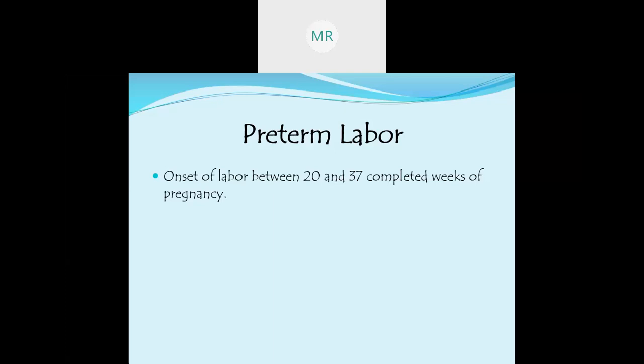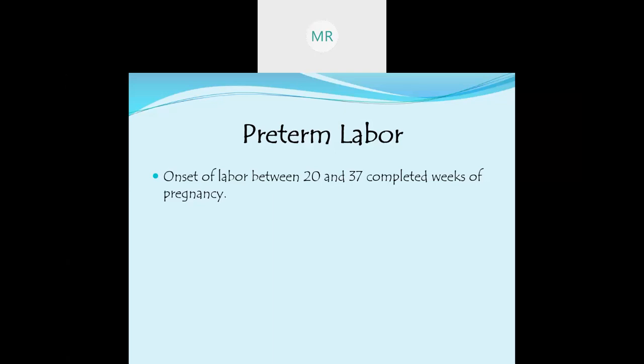It is the onset of labor between 20 and 37 completed weeks of gestation. Usually on the monitor, we will see more than 5 contractions in an hour. Preterm birth is the birth that occurs before the completion of 37 weeks gestation.